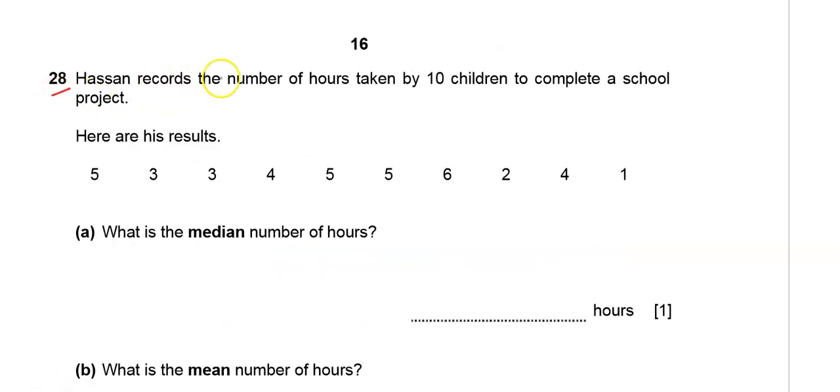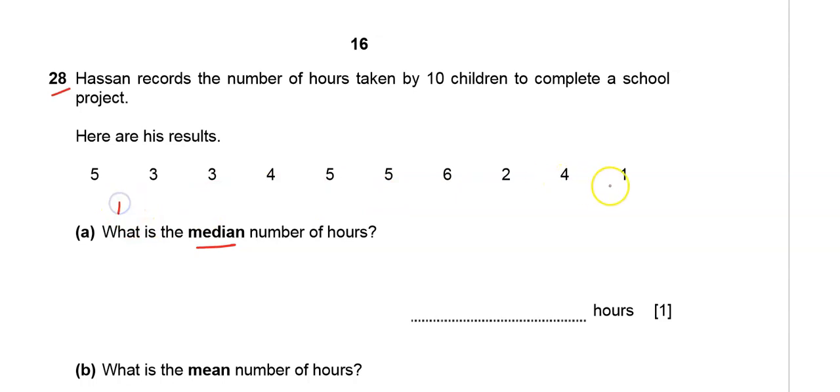Lastly, Hassan records the number of hours taken by 10 children to complete a school project. Here are his results. Okay, what is the median number of these hours? Of course, to get the median, you arrange these numbers in order.